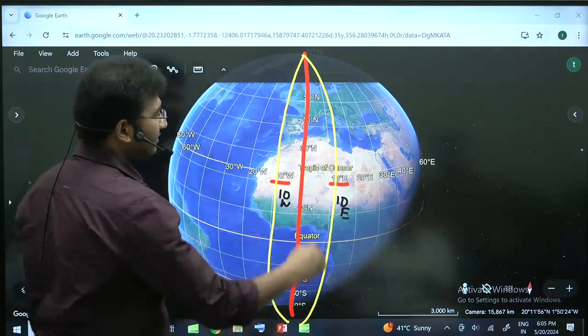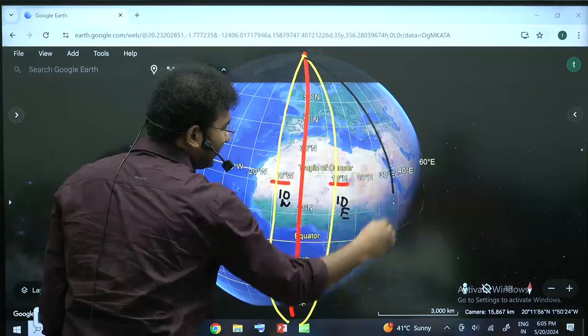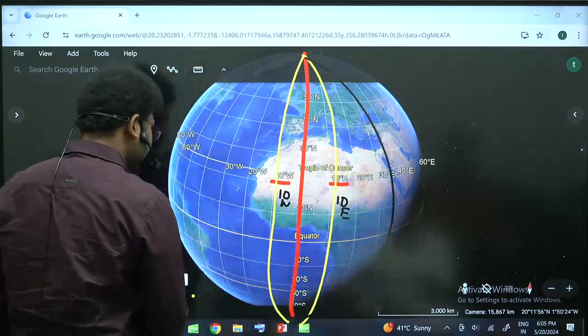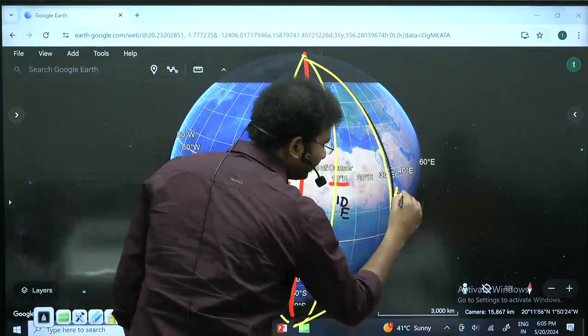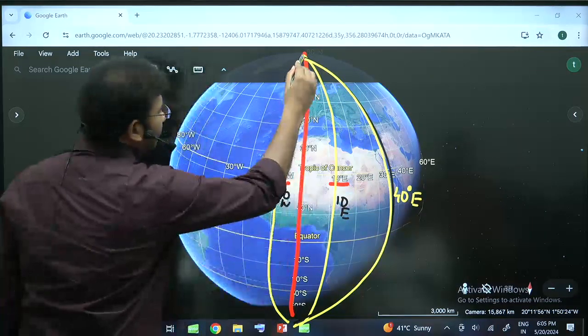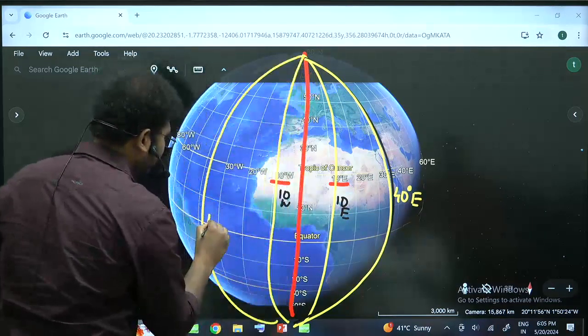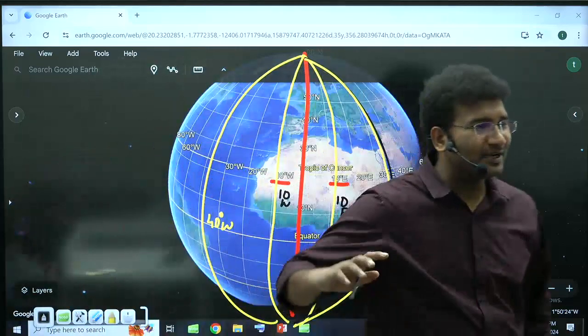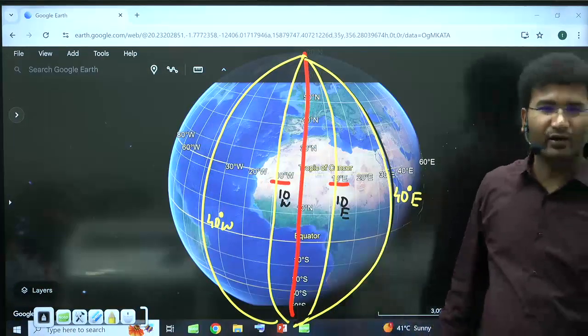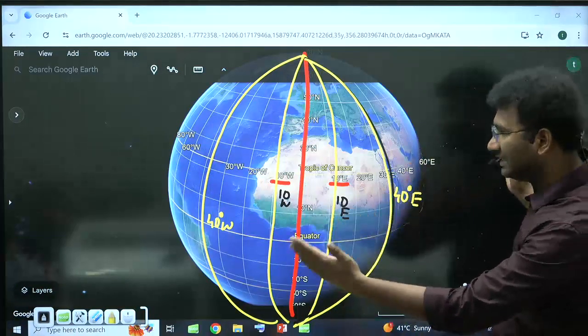Now likewise, if I am moving little further, imagine this is my 40 degrees east, this is my 40 degrees west. ऐसे मैं कहाँ तक जा सकता हूँ? How many longitudes I can move east of it and west of it?